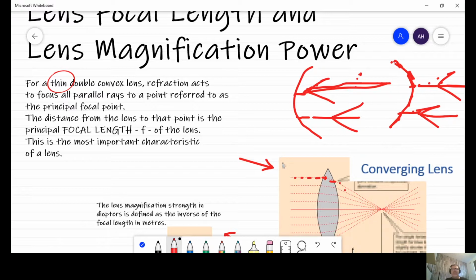Now, the reason we talk about thin lenses is because we want the lenses to do the bending effect, that is to create images of different sizes, magnified or shrunk, but we don't want much of that effect to happen within the glass, right? Because the longer the piece of glass is, the more refraction effects there are.